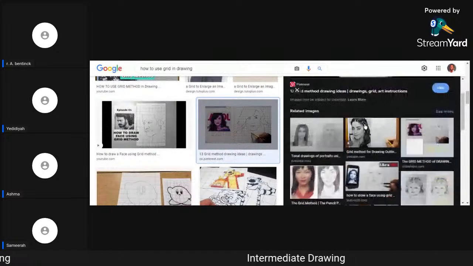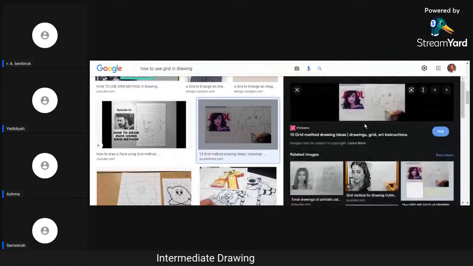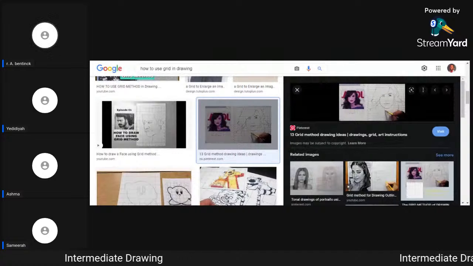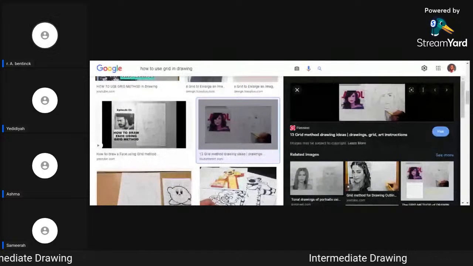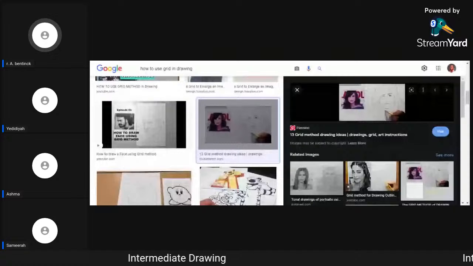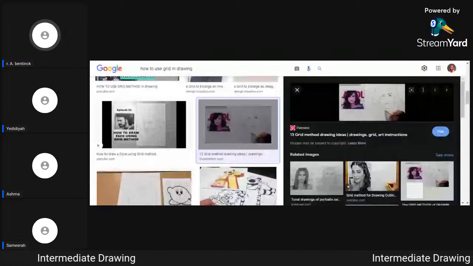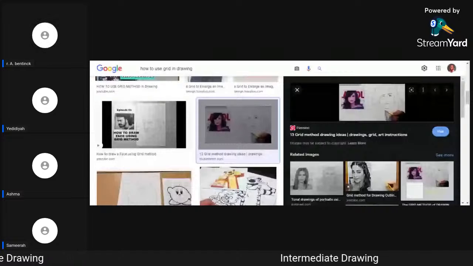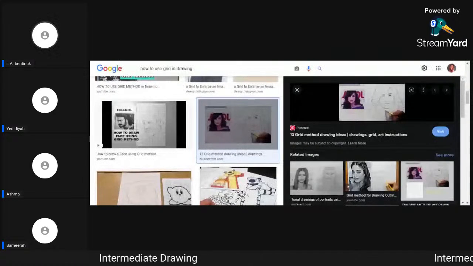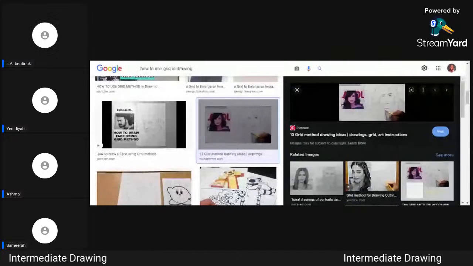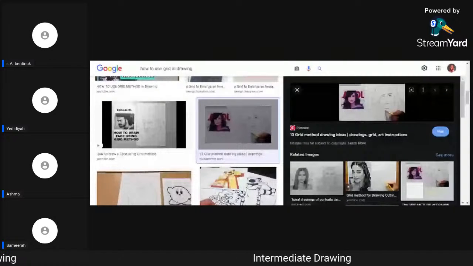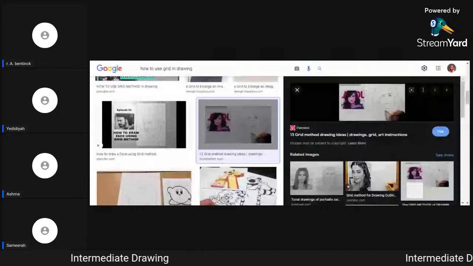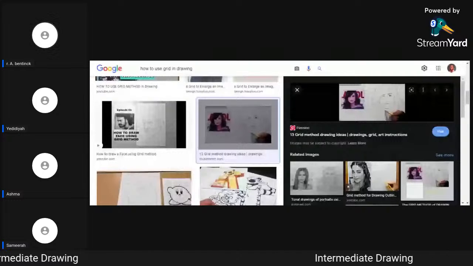Let me see. Let's go to the original source and we might be able to change that up. But the grid method is pretty easy, and as you can see, there are so many different sources online that you could use. But I want to get one where you actually have a smaller picture and you're going to a larger transfer. I think this one is like that.